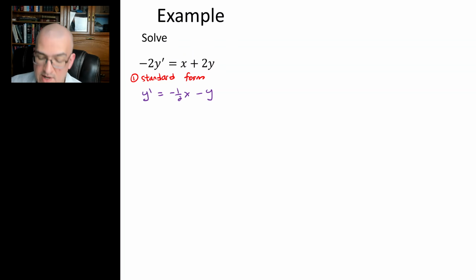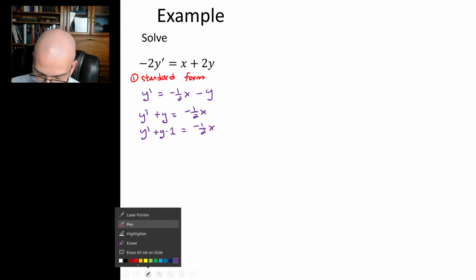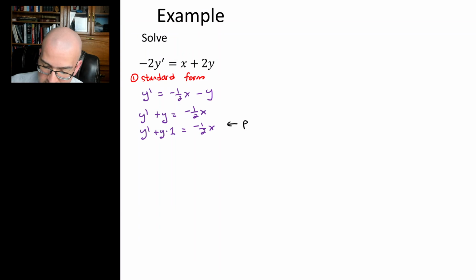Then let's add y to both sides. So y prime plus y is equal to negative 1/2 x. And I'm going to write y times 1, just so we have something. P of x is equal to 1. Q of x is equal to negative 1/2 x.